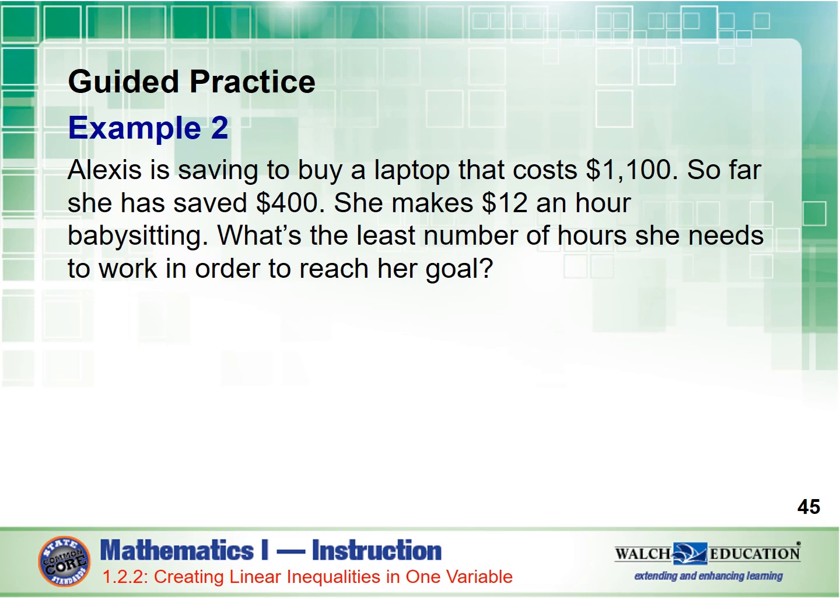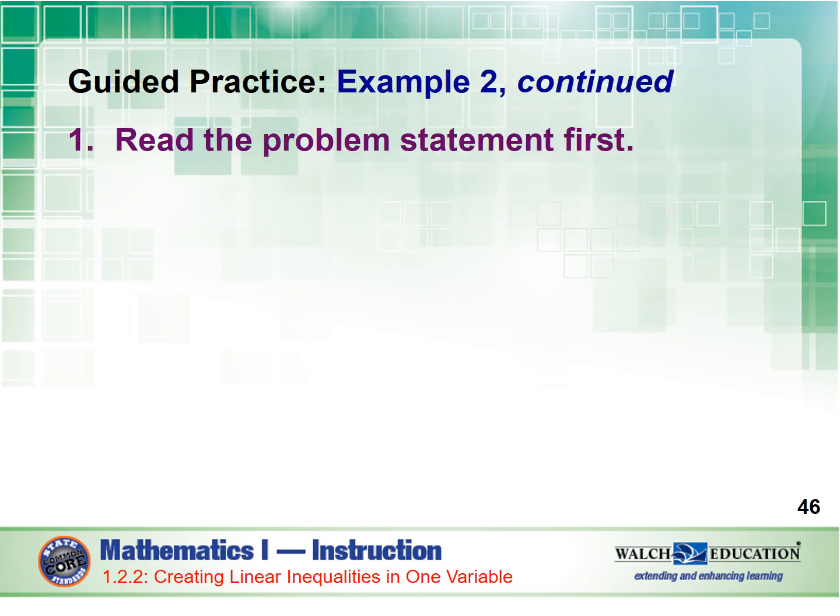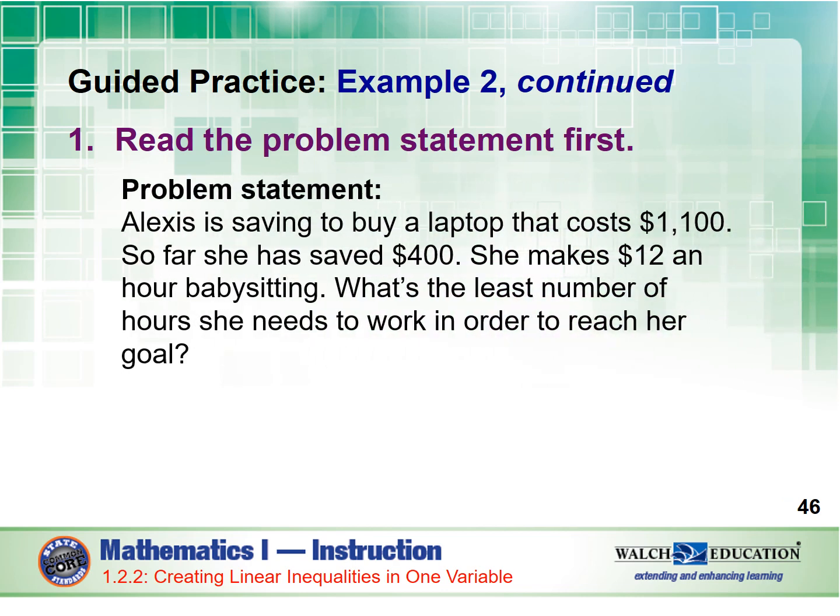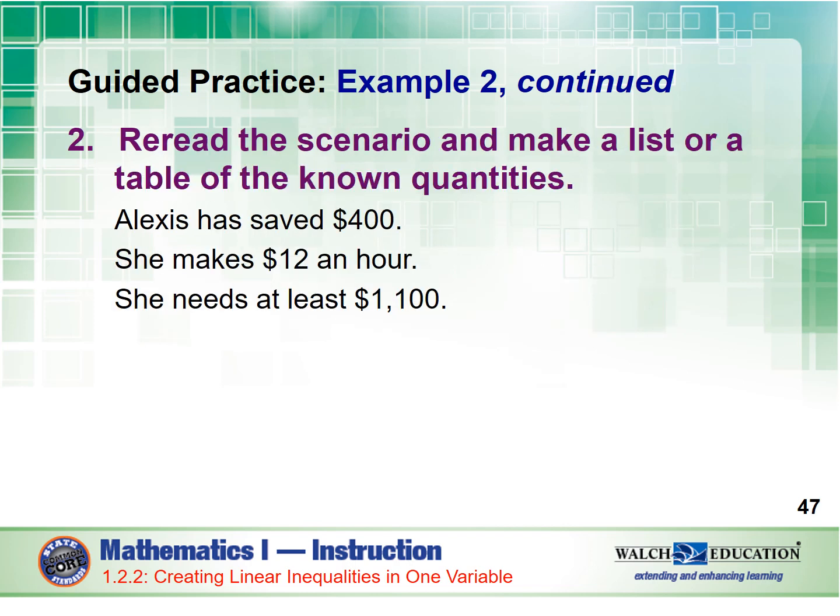All right, so what's the least number of hours she needs to work in order to reach her goal? Reread it. I'm not going to read to you because you guys are rock star readers. Okay, we're going to make a list or a table of the known quantities.